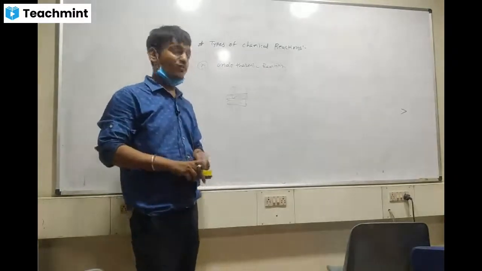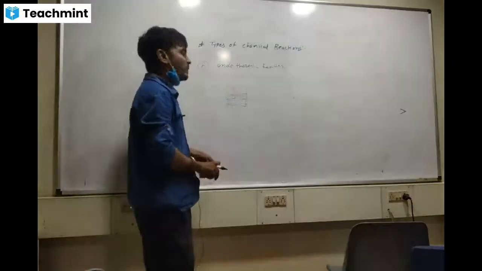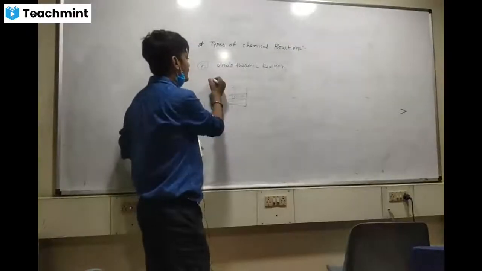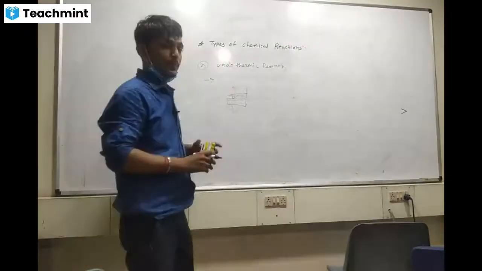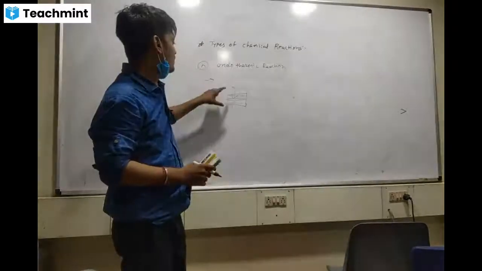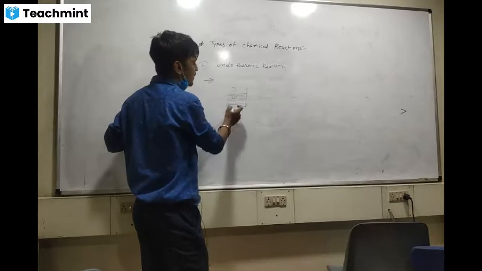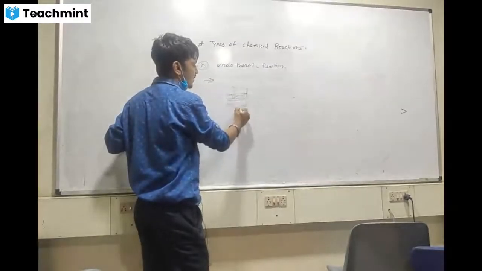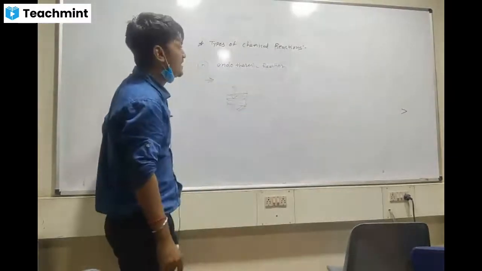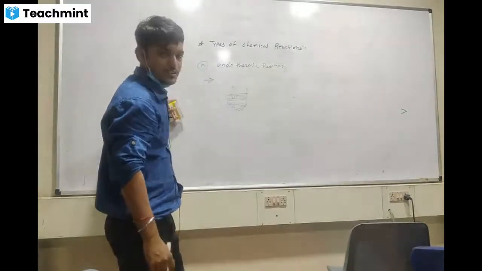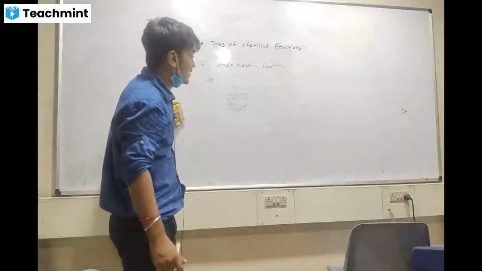So cooking food is an endothermic reaction, because to make this reaction happen we have to apply heat. So a reaction in which heat is required to complete any process or any reaction is known as an endothermic reaction.